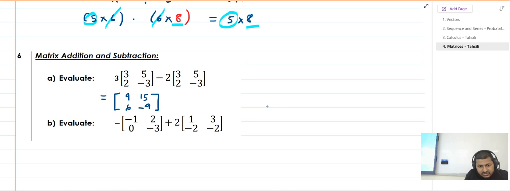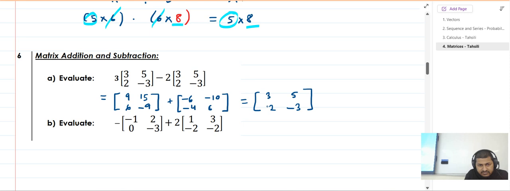Minus 2 times 3 is negative 6, minus 2 times 5 is negative 10, minus 2 times 2 is negative 4, minus 2 times negative 3 is positive 6. Now we can just add both. 9 minus 6 is 3, 15 minus 10 is 5, 6 minus 4 is 2, negative 9 plus 6 is negative 3. So that's the answer for this: 3, 5, 2 and negative 3.